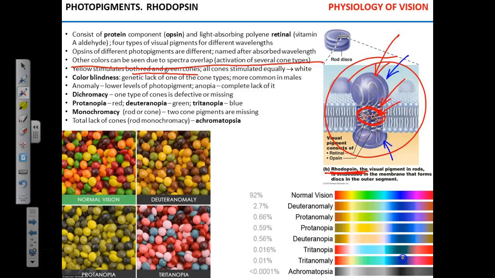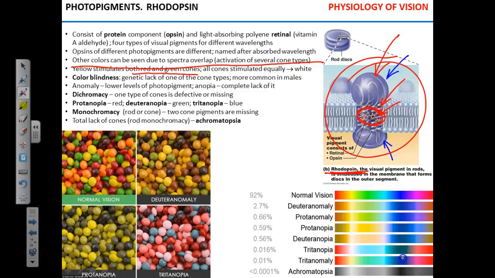So in people with normal vision, all four genes are active. Does that make sense? In people with color blindness, some genes are either not expressed at all, so there's no protein produced, or they are expressed at a lower level.